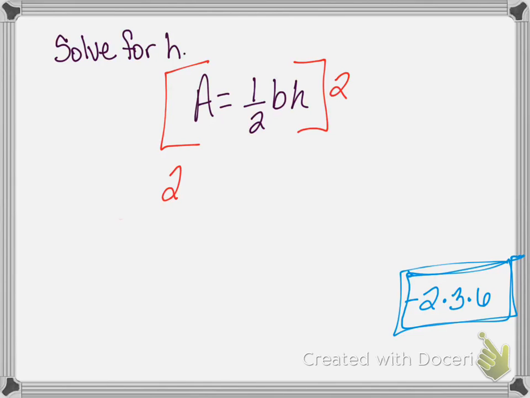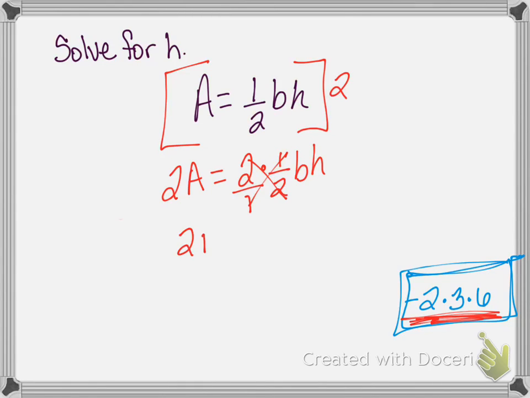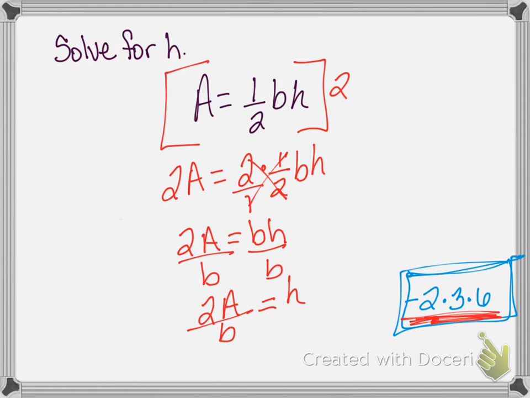So I'm going to do 2 times A. Then I've got 2 times 1/2 B times H. All of this is being multiplied together. 2 over 1 times 1/2. We've gotten rid of our fraction. So now we're left with 2A equals base times height. We are solving for H, so now I divide by B. So 2A over B equals H.